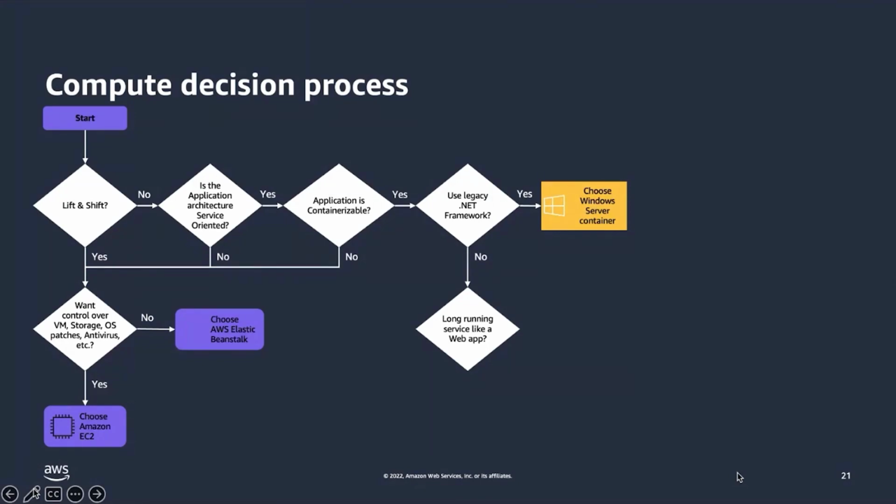But if it does not use the .NET full framework, you can ask yourself, is this a long-running service like a web application? If not, you can run this application in AWS Lambda. But if it is long-running, you can choose to run this application in a Linux container.